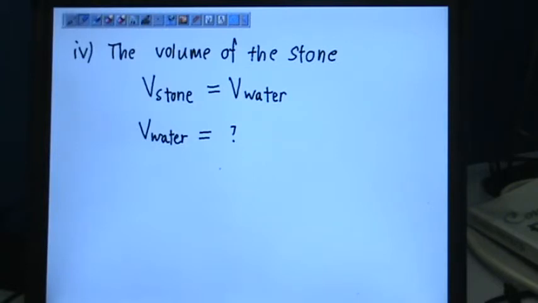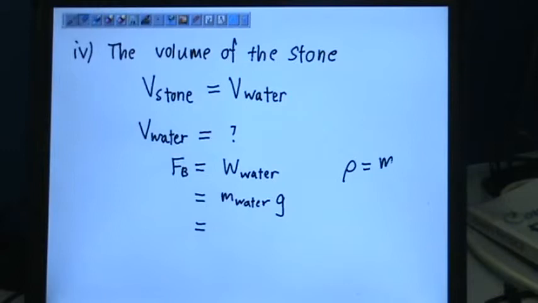Just now you were doing the question where the buoyant force equals to weight of the water being displaced. So you can carry on with this M water G. Do you realize M is actually equals to rho V?